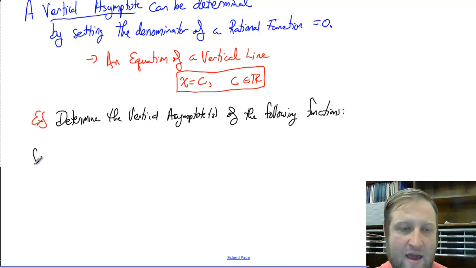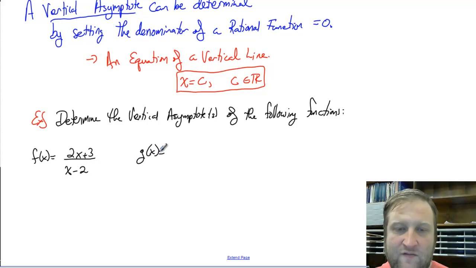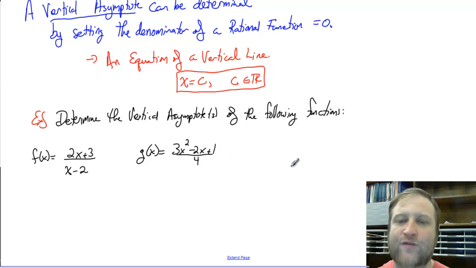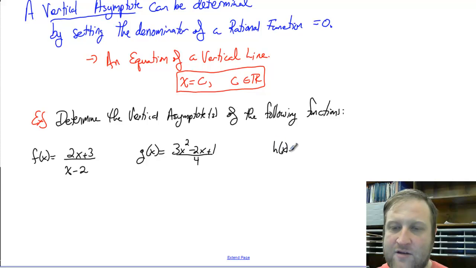So let's say we had f of x equals 2x plus 3 all over x minus 2. We'll say g of x equals 3x squared minus 2x plus 1 all over 4. And h of x equals x all over x squared minus 5x plus 6.